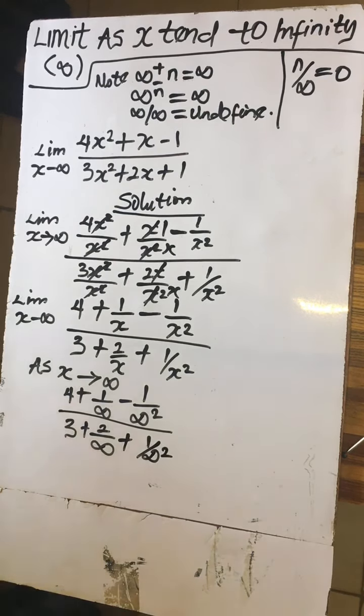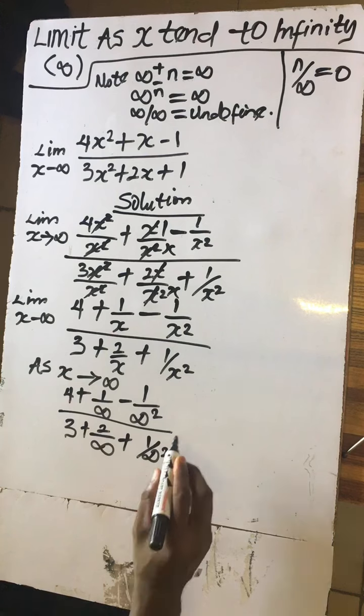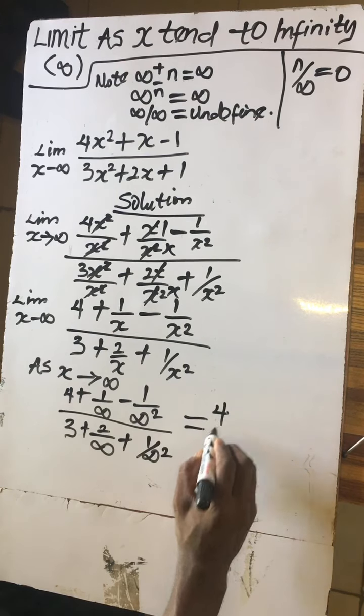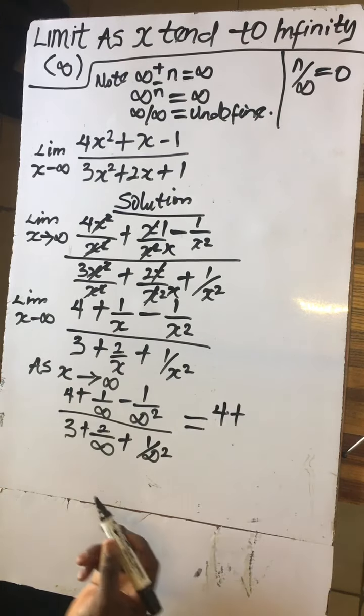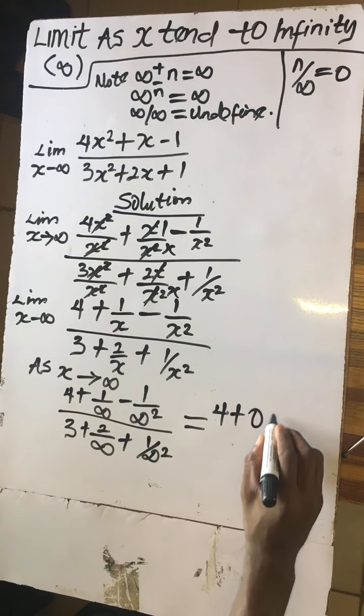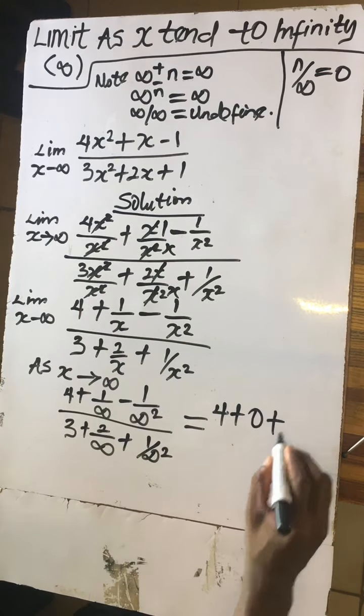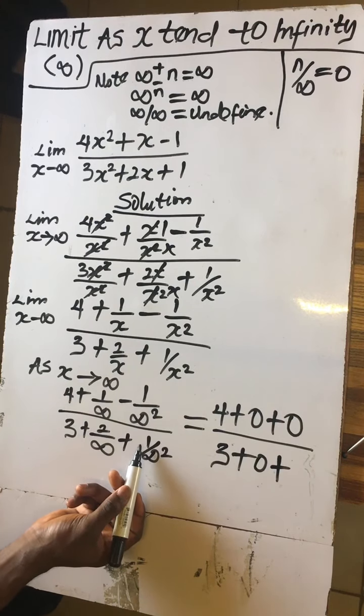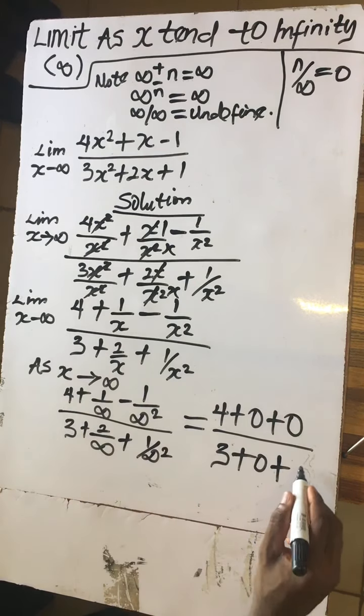So our final answer to this question here is equal to 4 plus, like we said earlier, any constant divided by infinity is 0, plus any constant divided by infinity squared will also give us 0, divided by 3 plus 2 divided by infinity, which is also 0, plus same thing, a constant divided by infinity will also give us 0.